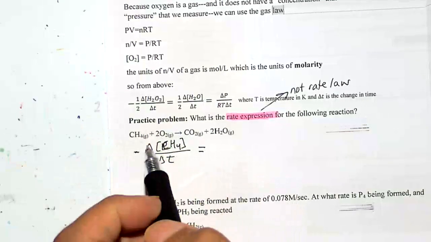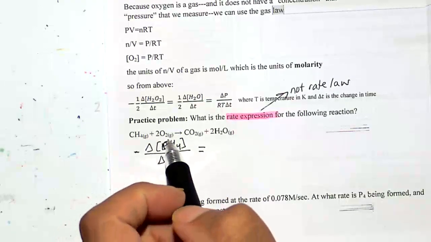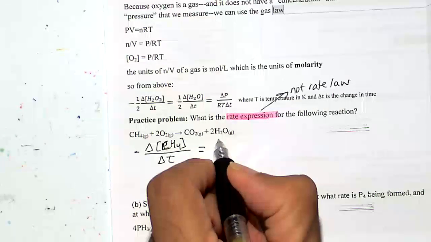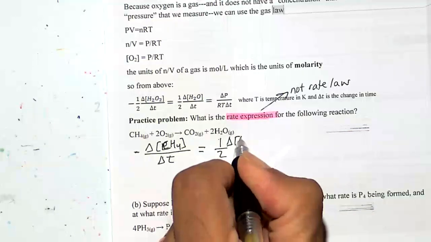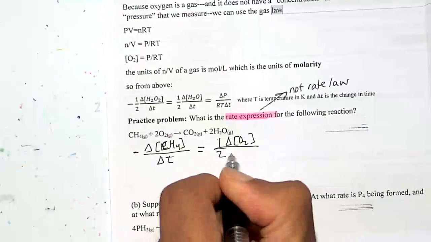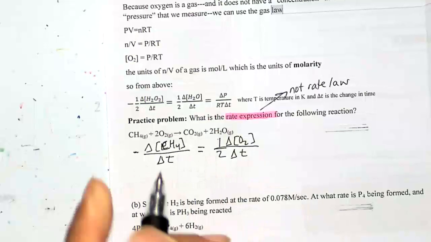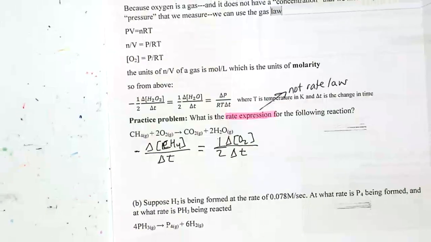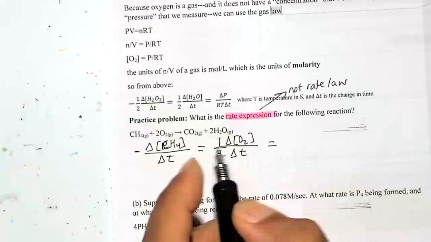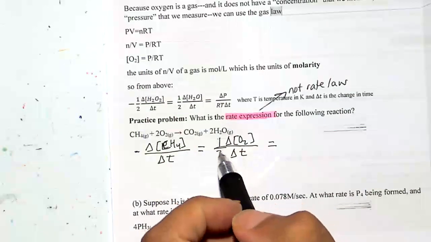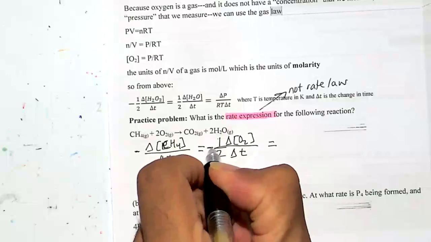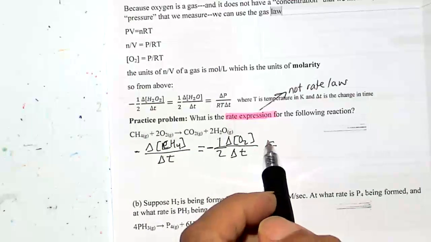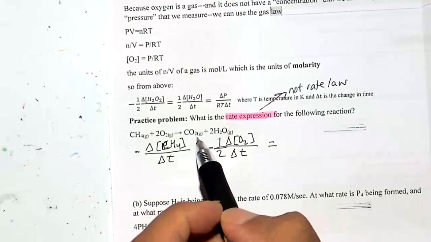This rate of decay will equal the rate of decay of O2 by what factor? 1/2 the change in concentration of O2 over some increment of time. And this will decrease at this rate, so it's negative. What will increase positively?